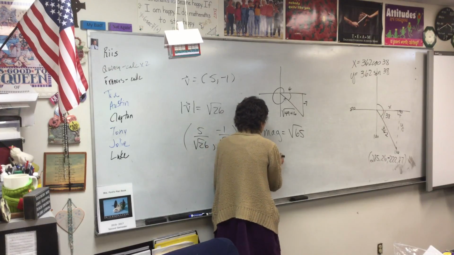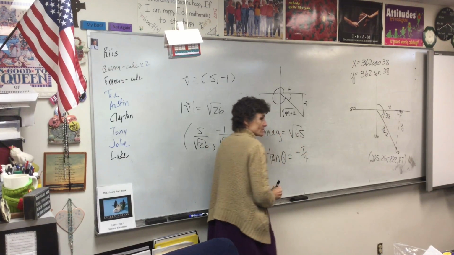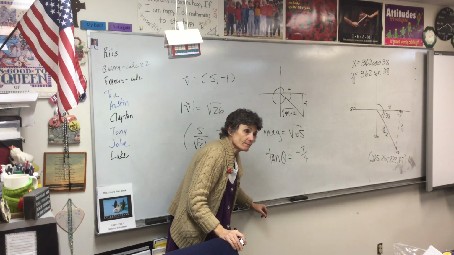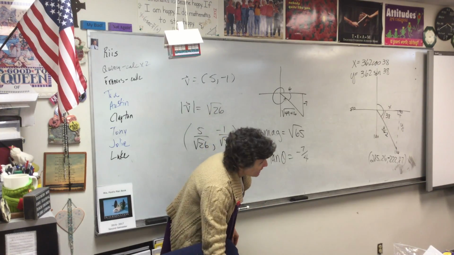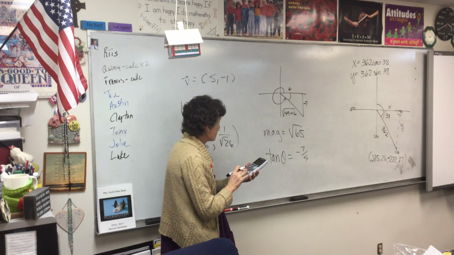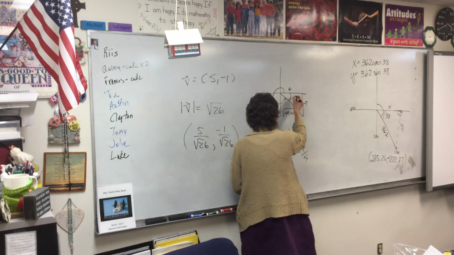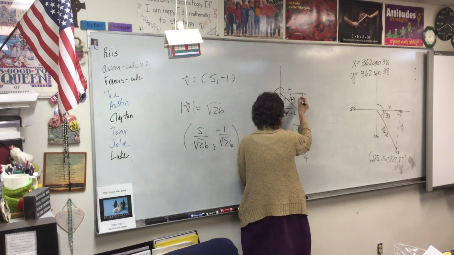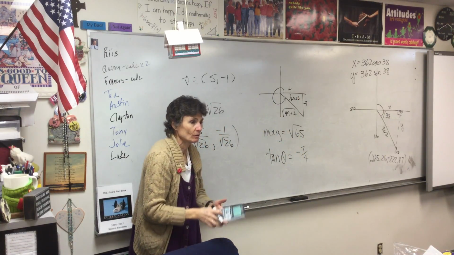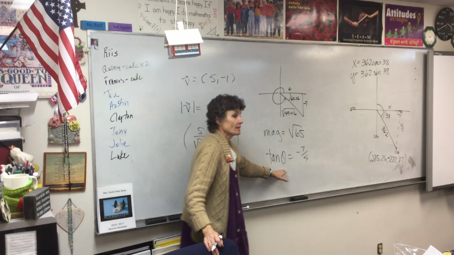I know that the tangent of that angle is -7/4. Now, I can take or leave the negative. It doesn't matter. What matters is that the size of this angle is 60.26. Now, what did I type in my calculator to get 60.26?